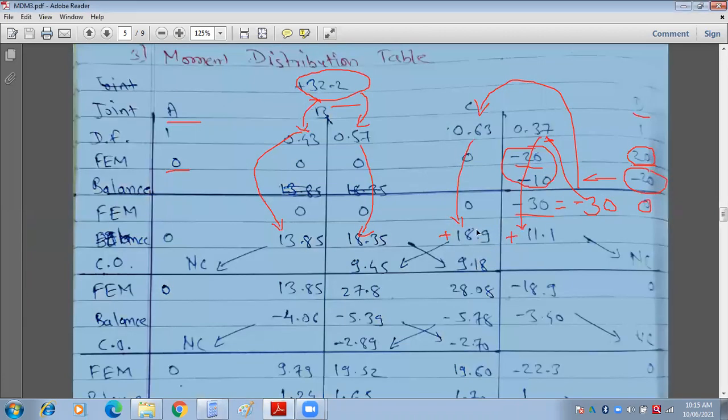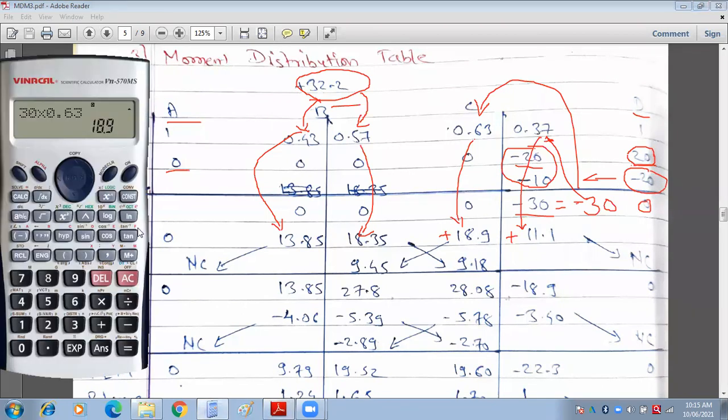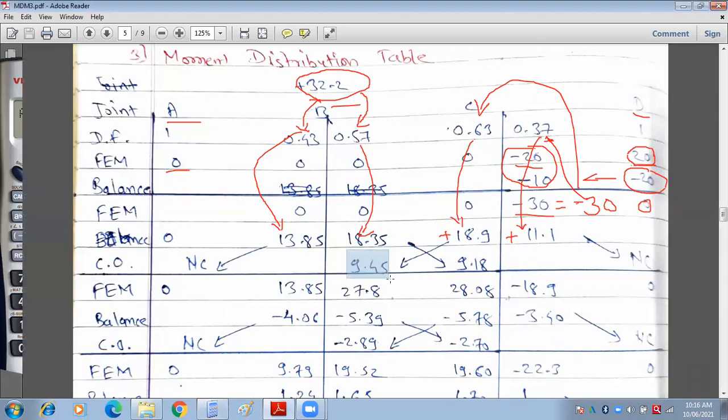18.9 here. Now 50% of the moment is transferred to the far end because support B is a continuous one. And as we know, if the far end is simply supported, we transfer 50% of this balance moment to the far end. Therefore 50% of this moment is 9.445, sorry, 9.45.